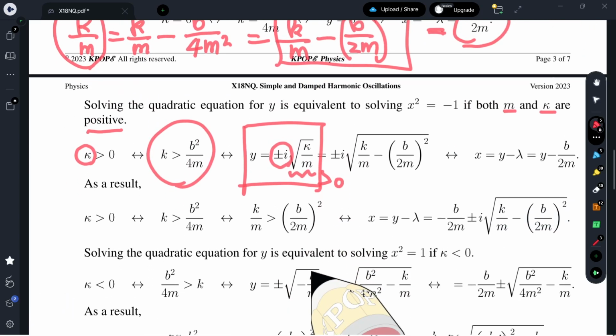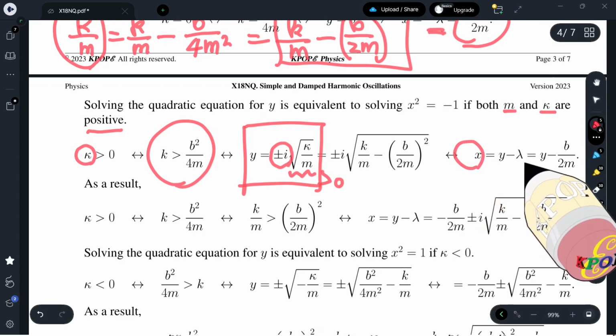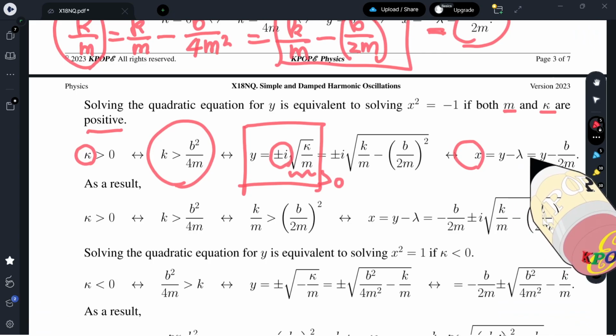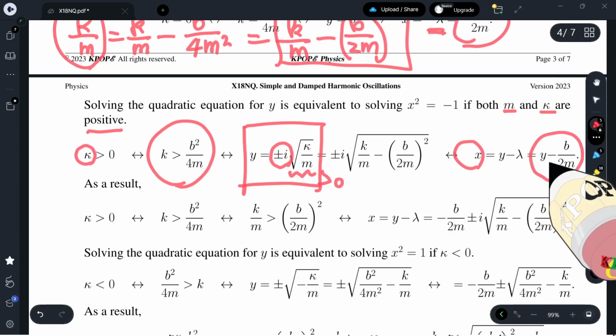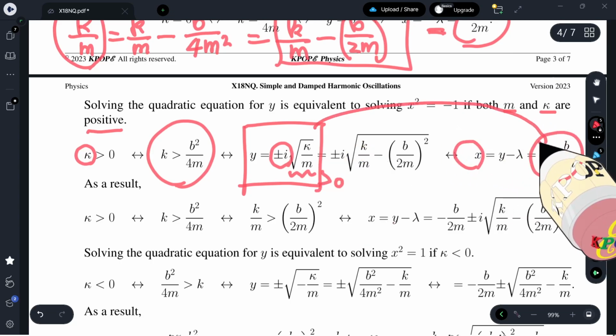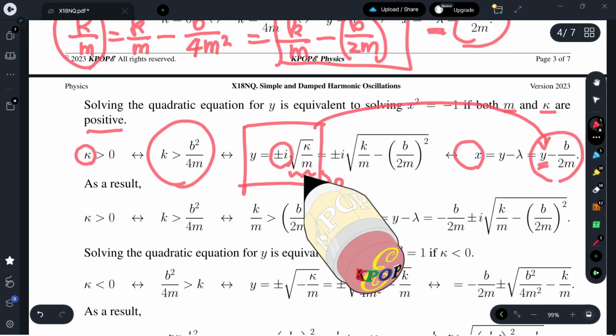Okay, so the solution for x is y minus lambda, and lambda equals b over 2m. And then we make use of this result, substitute this value for the y.